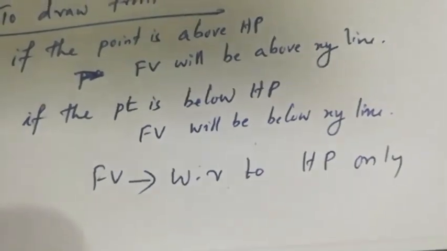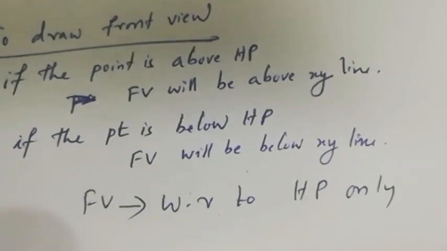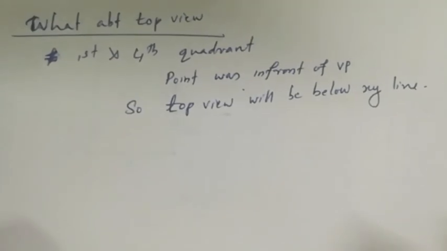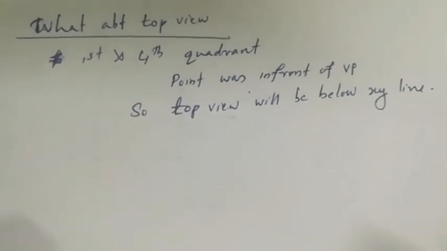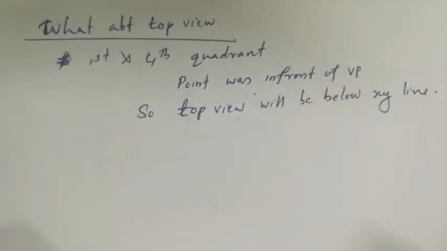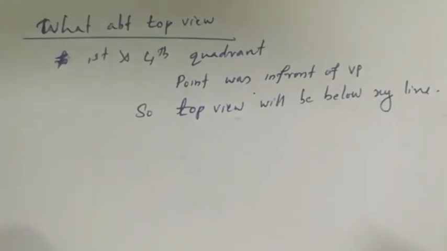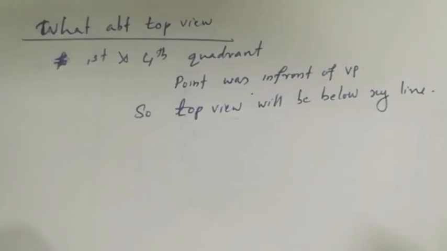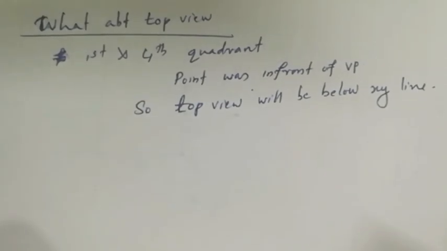To draw the front view, we need to know the distance of the point with respect to HP only. Now, what about the top view? If you analyze the first 4 problems, in the first and fourth quadrant, the point was in front of VP. In the first quadrant, the point is 30 mm in front of VP.